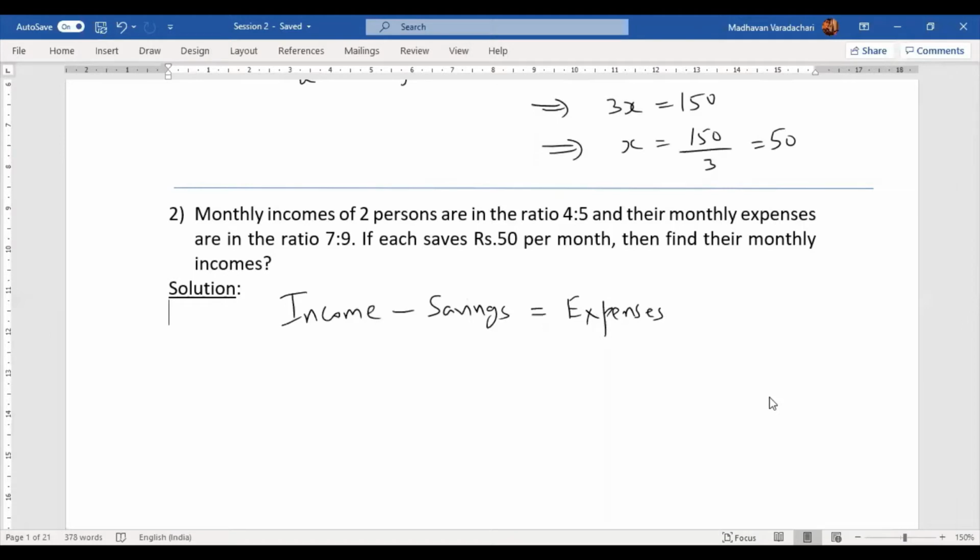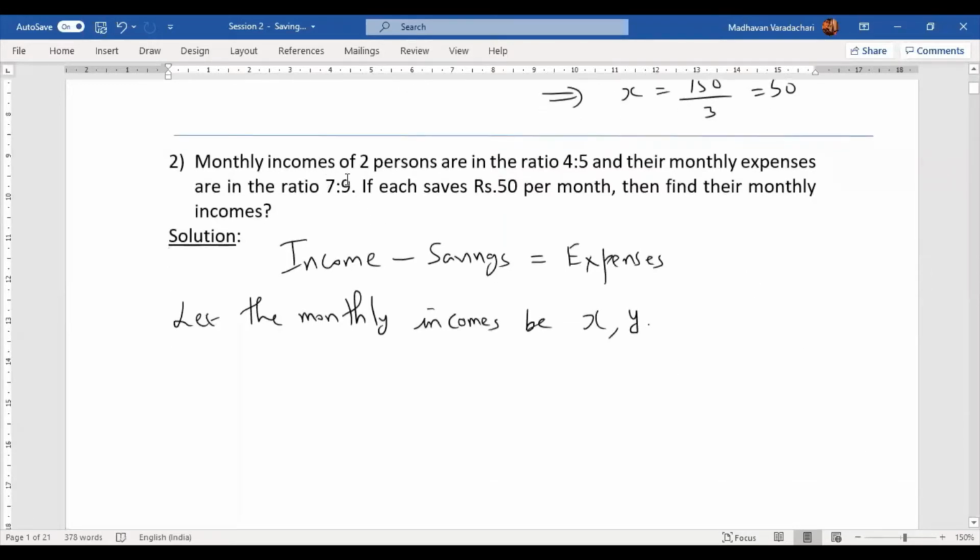Now, we are supposed to find the monthly incomes. Let the monthly incomes be x comma y. So what is given? Monthly income of the persons are in the ratio 4:5.